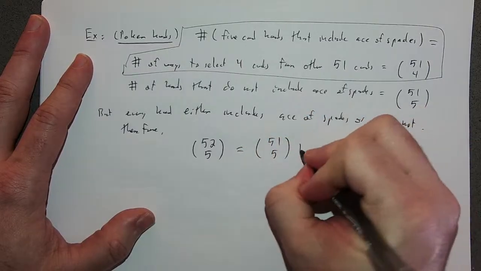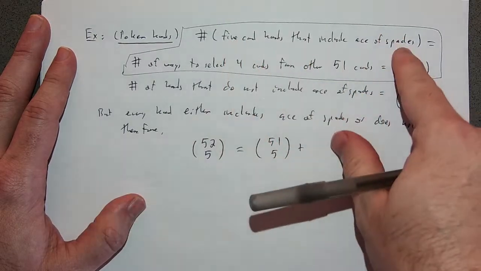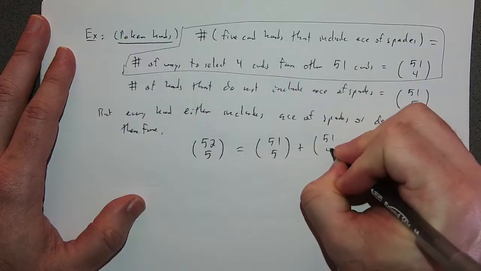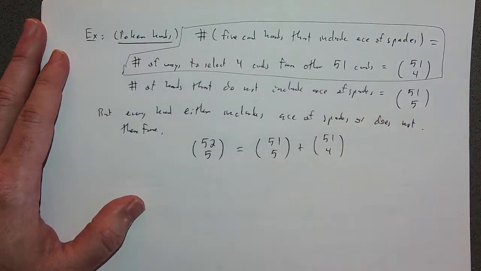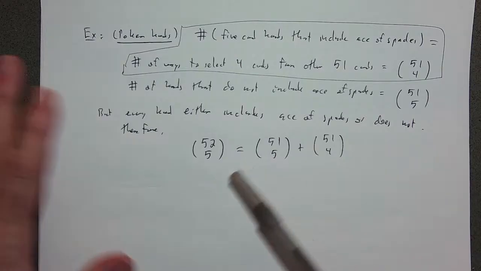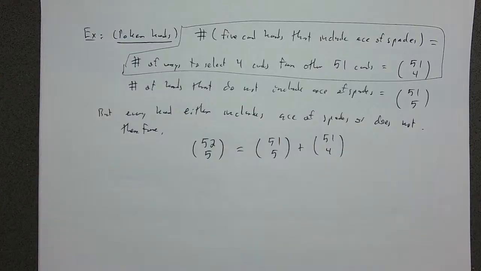Added to that, the number of 5-card hands that include the ace of spades is 51 choose 4. That should exhaust the possibilities, because a 5-card hand either contains the ace of spades or doesn't. So 52 choose 5 should be the same as 51 choose 5 plus 51 choose 4.